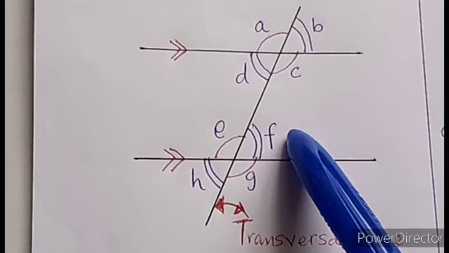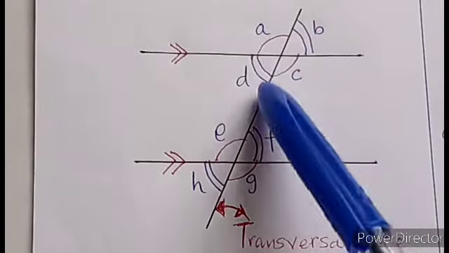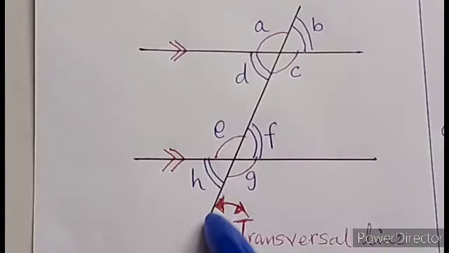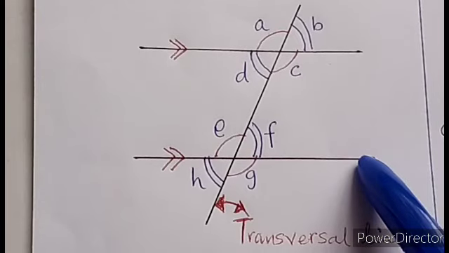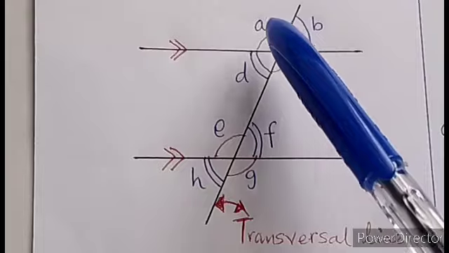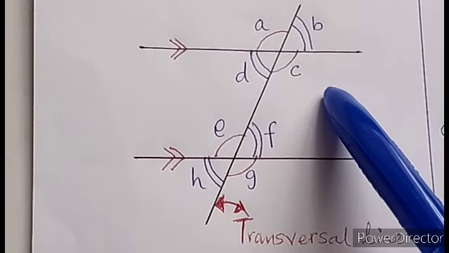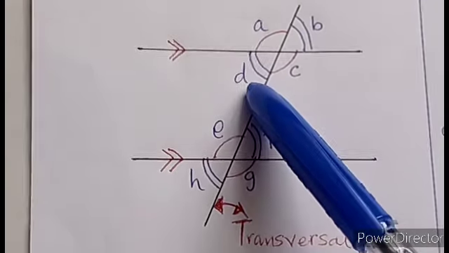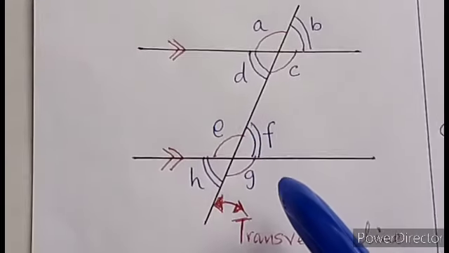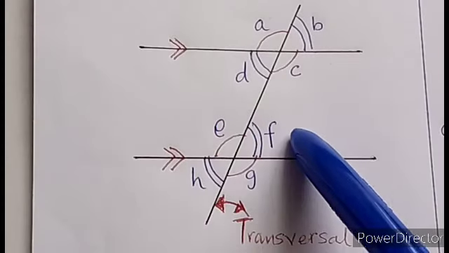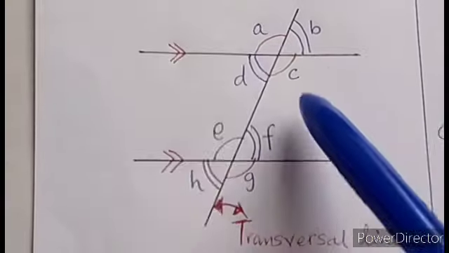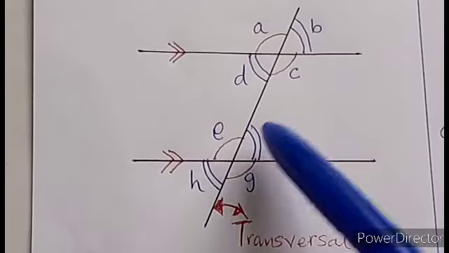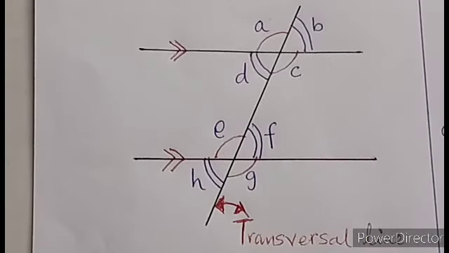Some people call them X angles because they look like X. So we can say that the vertically opposite angles are A equals C, B equals D, E equals G, F equals H. So vertically opposite angles are equal to themselves.